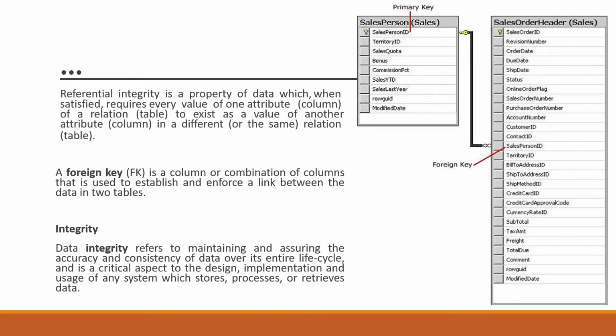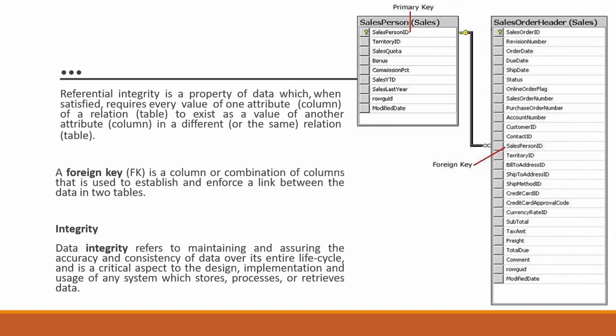Now we have a table in which referential integrity is a property of data which, when satisfied, requires every value of one attribute column of a relation table to exist as a value of another attribute in a different relation.